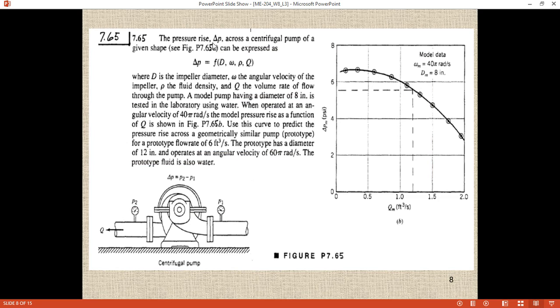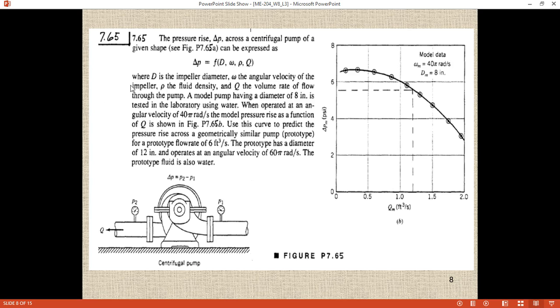The pressure rise delta P across a centrifugal pump of a given shape can be expressed as delta P is a function of the diameter of the impeller, the angular velocity, the density of the fluid, and the flow through the pump.